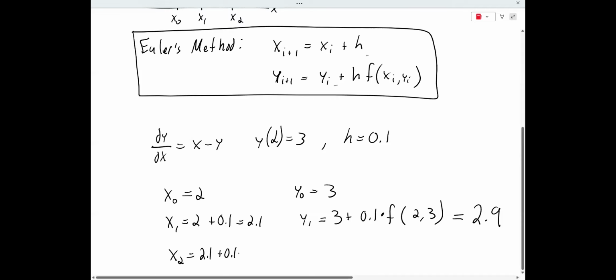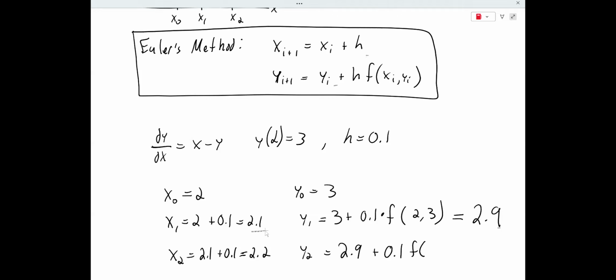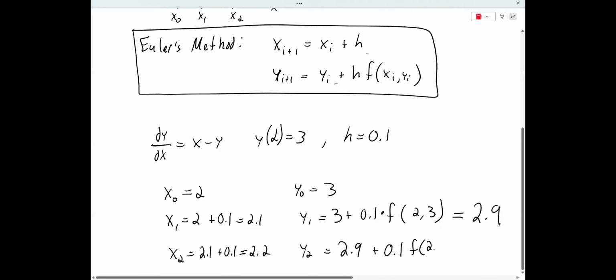So it's the previous one plus 0.1. And then y sub 2 is equal to the previous y value, which was 2.9, plus the step size times the function evaluated at the previous ones, 2.1, 2.9.